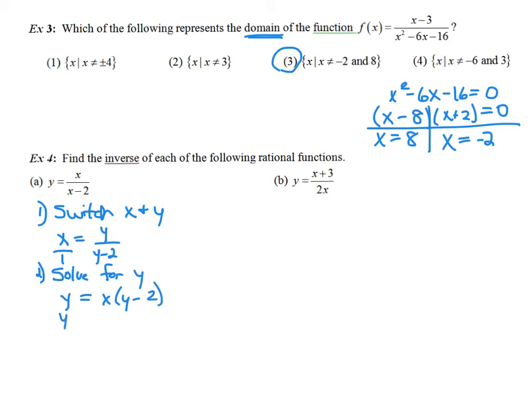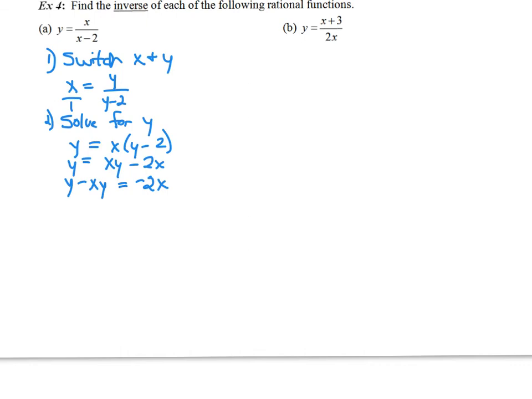So let's distribute that and get xy minus 2x. Now since I want to solve for the y, I need to get the y terms both on the same side of the equation. So I'm going to subtract the xy so that it's now on the left side. And I've only got a negative 2x on the right side.